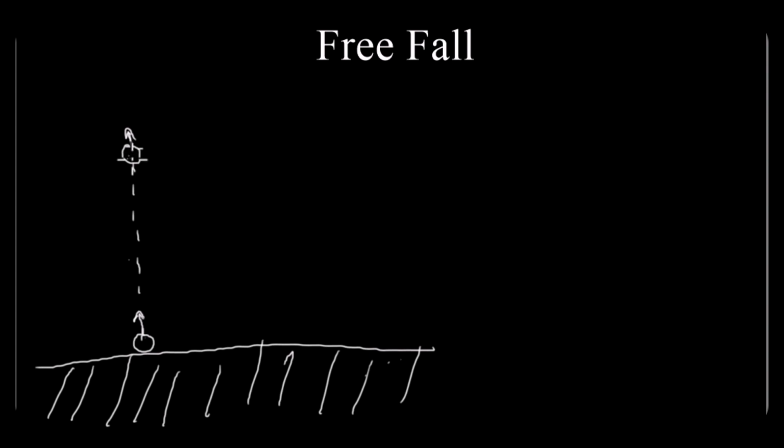Normally, if gravity didn't have any effect on this ball, it would keep on going for eternity in space, just like Newton's first law: an object at rest wants to remain at rest, or an object in constant motion wants to remain in its constant state unless an external force acts upon it. Because this ball is feeling the effect of gravity, it stops here and then starts falling down.